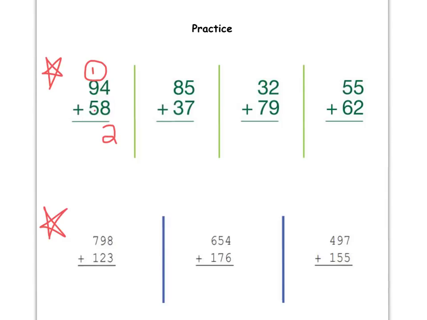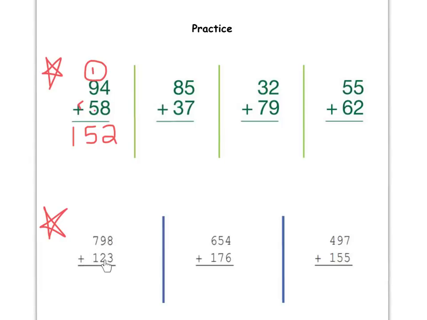I place my 5 directly underneath my tens place. And since I don't have a hundreds place to carry my 1 over to, I'm just going to bring it down. So there's my 15 to have a sum of 152.